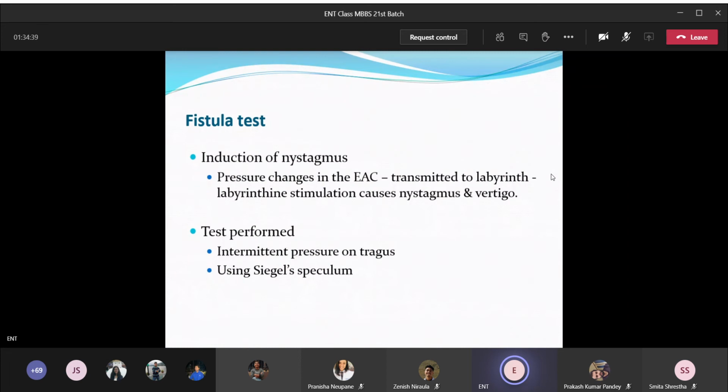Okay, so this test is performed by either using something known as Siegel's speculum, in which you push air through the Siegel's speculum, or it can also be performed by giving intermittent pressure on the tragus.